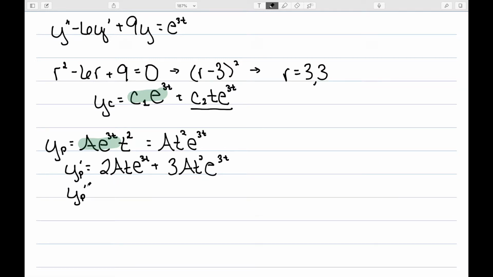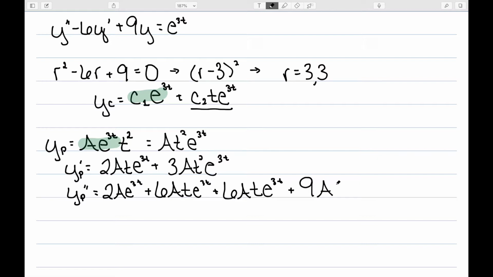For my second derivative, we'll do the derivative of the first times the second plus the first times derivative of the second gives me 6 a t e to the 3t plus derivative of the first times the second plus the first times derivative of the second would then give me a 9 a t squared e to the 3t.